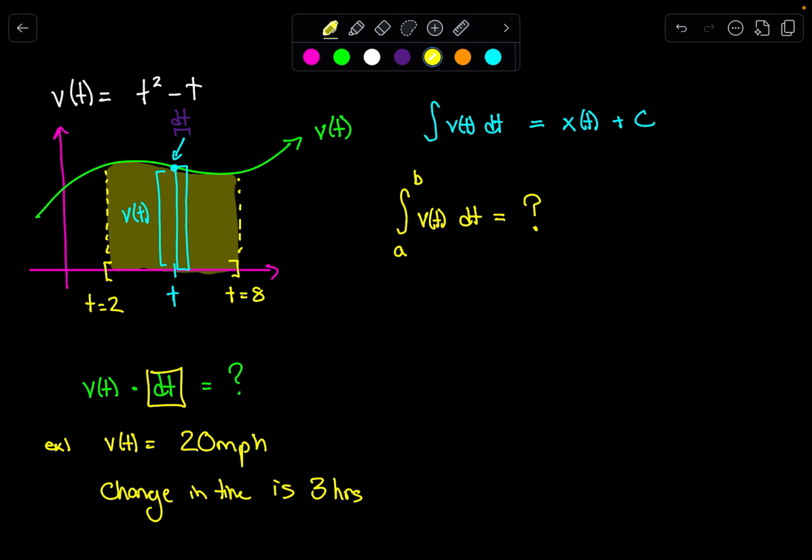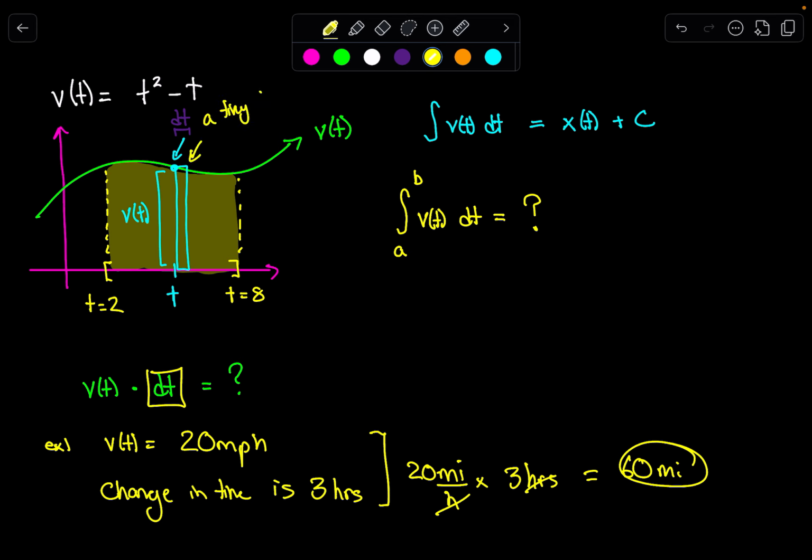Hopefully you say, if I'm going 20 miles an hour for a sustained 3 hours, then if I multiply the 20 miles per hour by 3 hours, my units will cancel and I'm going to get a total of 60 miles that I've traveled.